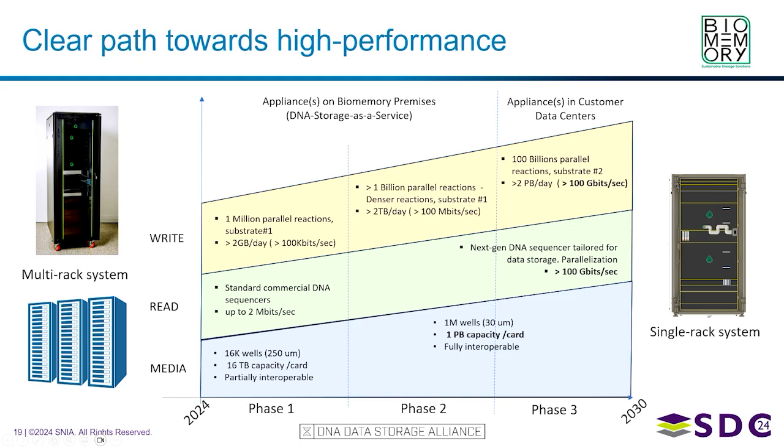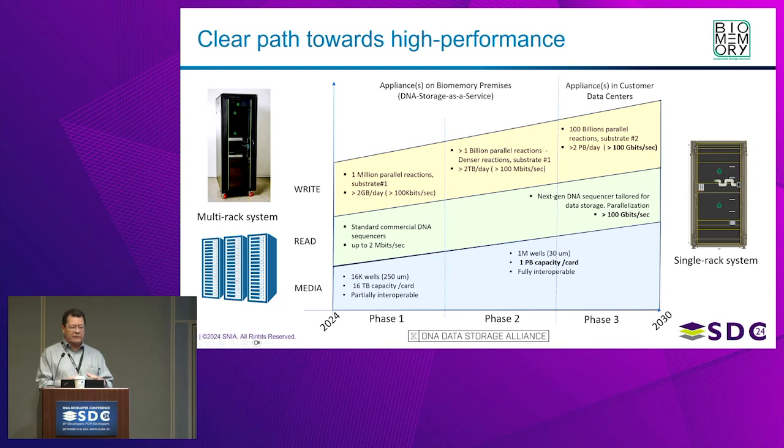From a read standpoint, this is not what Biomemory is doing in terms of equipment. We are leveraging what exists in the industry for sequencing. We use commercially available sequencers, and that gives you a 2 megabit per second kind of range.